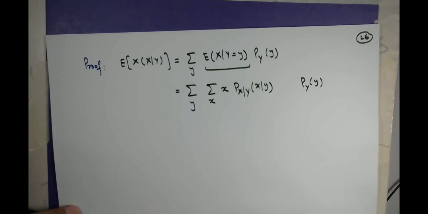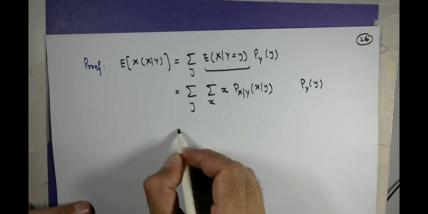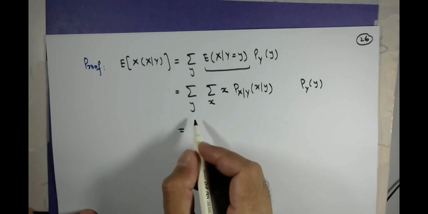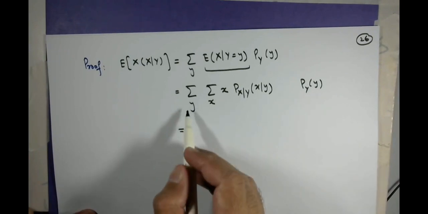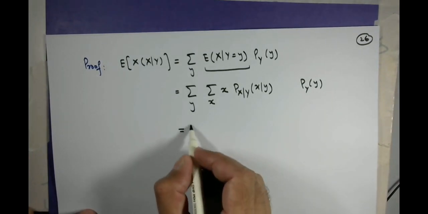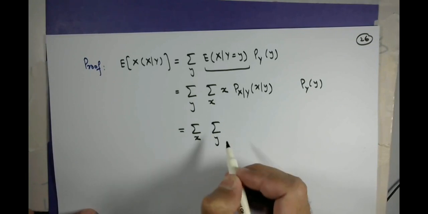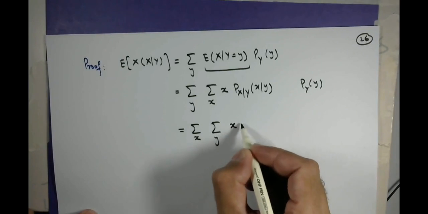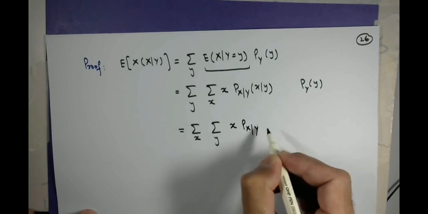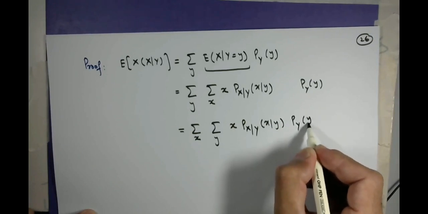Okay. So we have now been able to write this as this. I hope this is very clear to you. But you know that I can always interchange the summation signs. So I write it as such: summation on x first, and then summation on y, and then x times p sub x given y of x given y times p sub y of y.